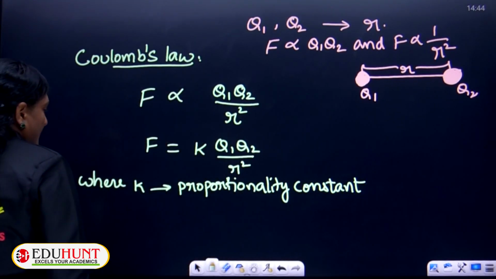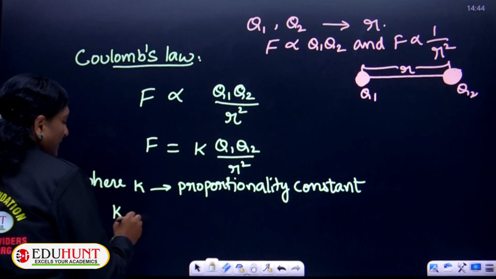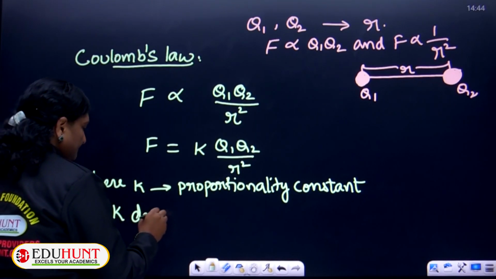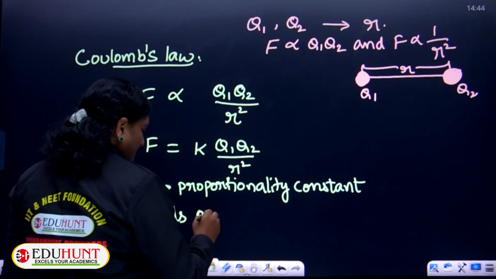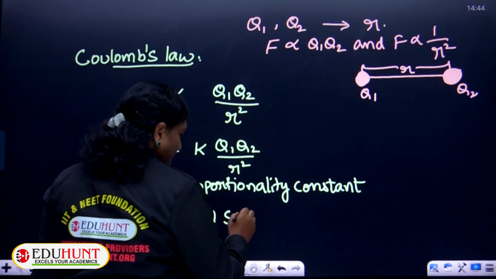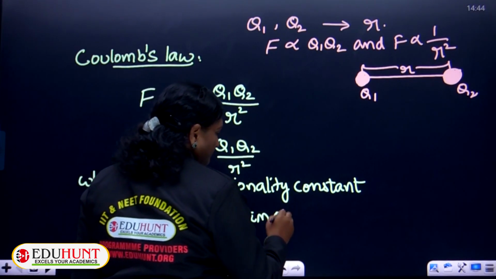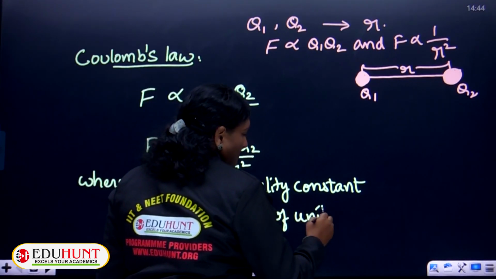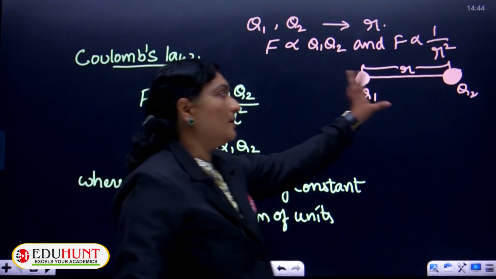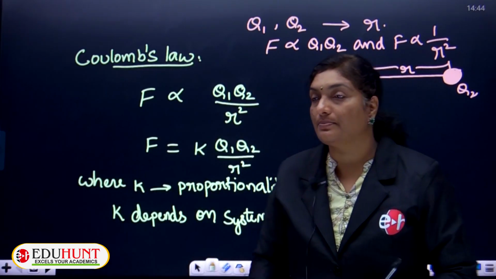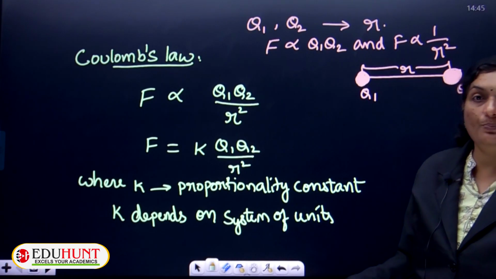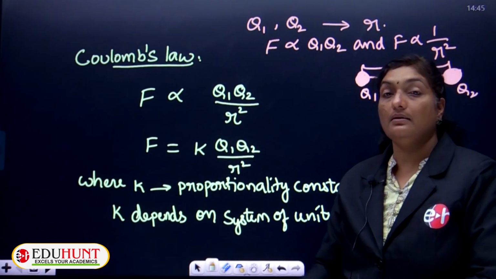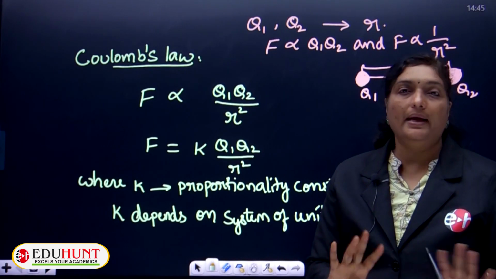And remember children, the value of k depends on the system of units as well as the medium between the two charges. Maybe the two charges may be kept in air, in vacuum, or in some material medium.